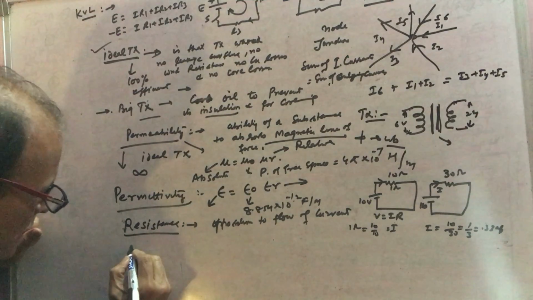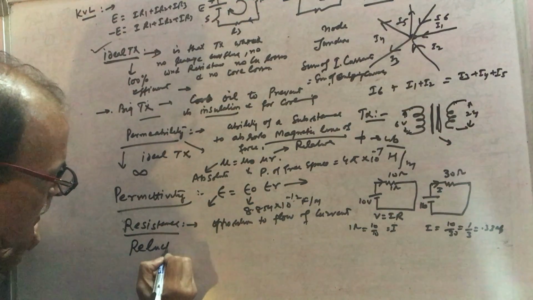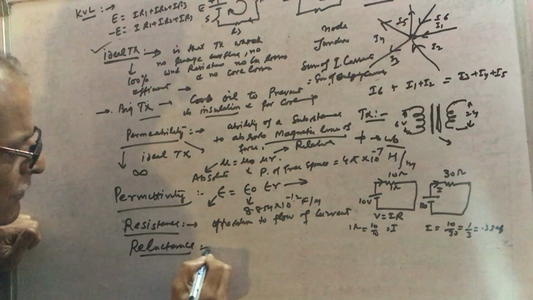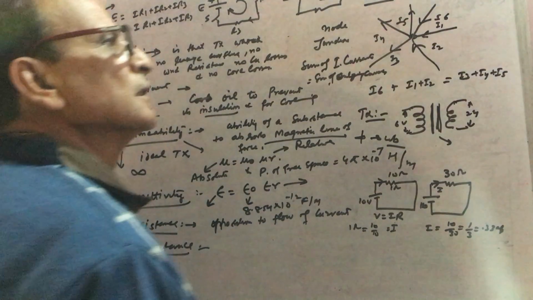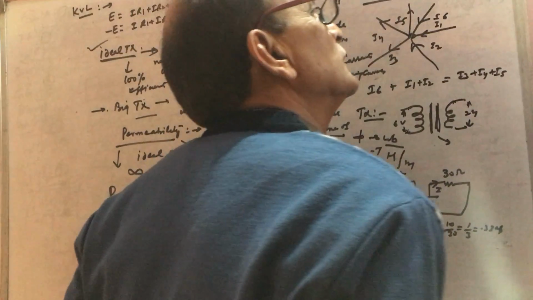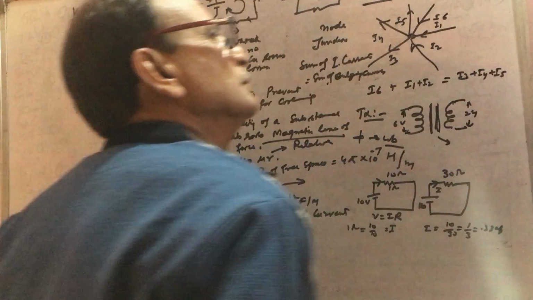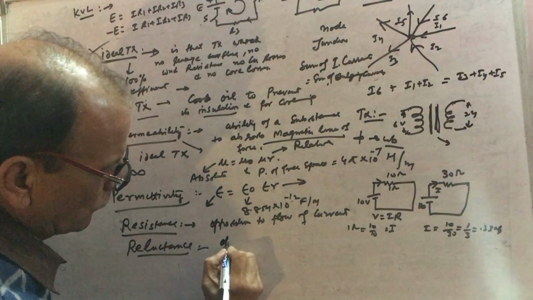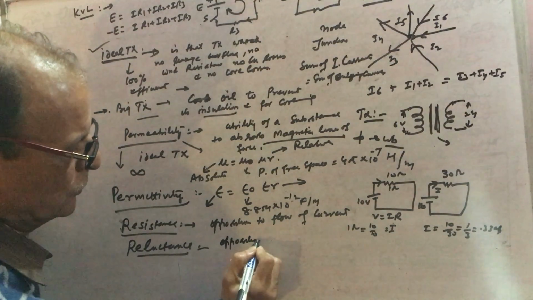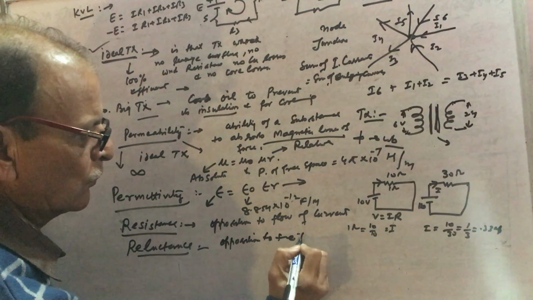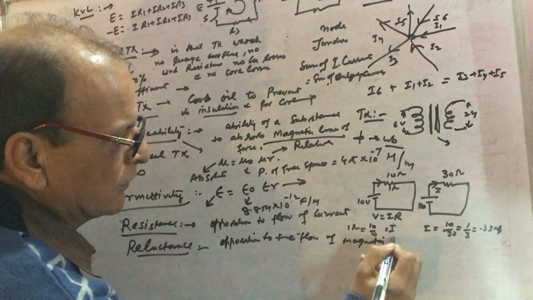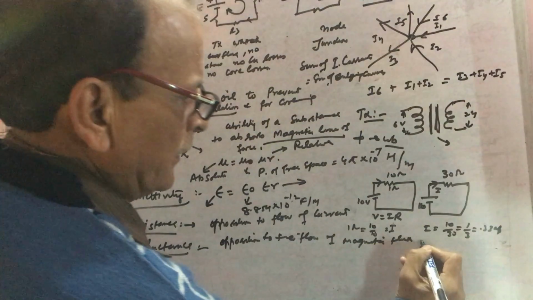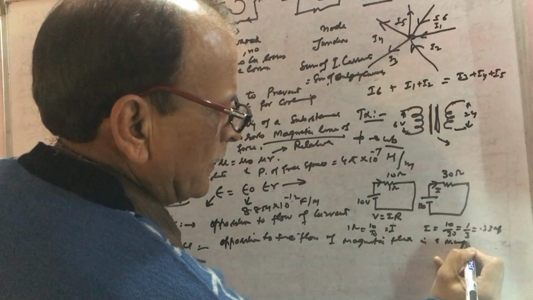Next we have reluctance. Reluctance is the word used in a magnetic circuit. So reluctance is the opposition to the flow of magnetic flux in a magnetic circuit.